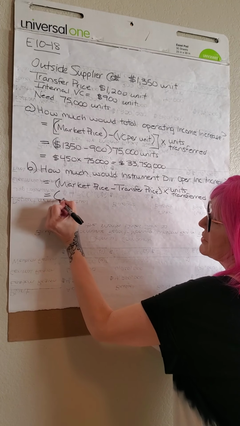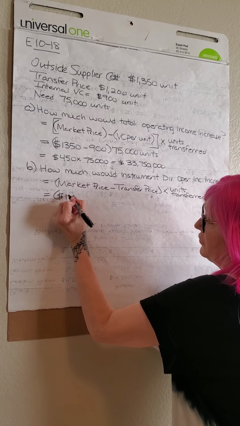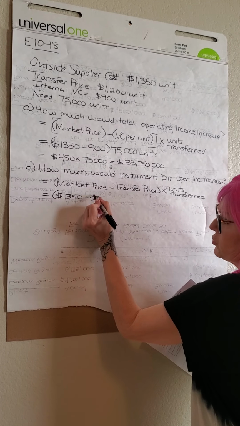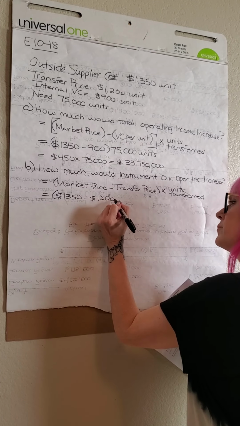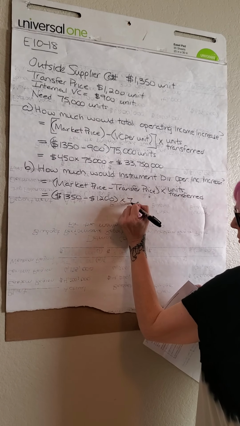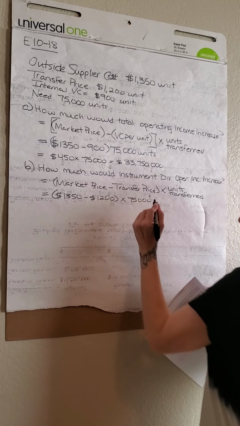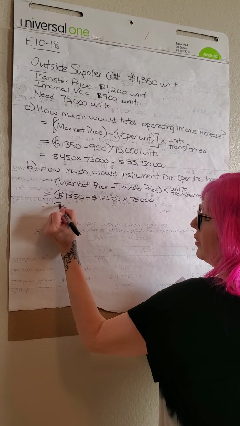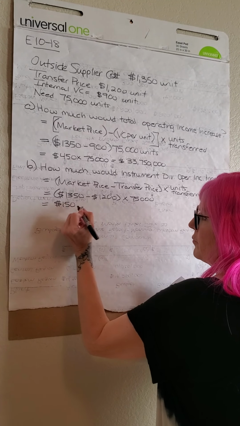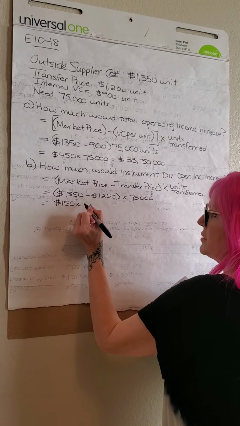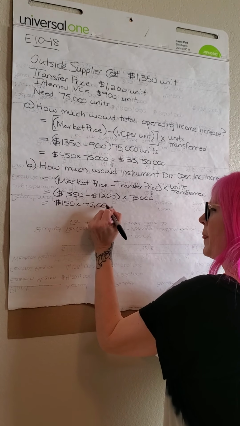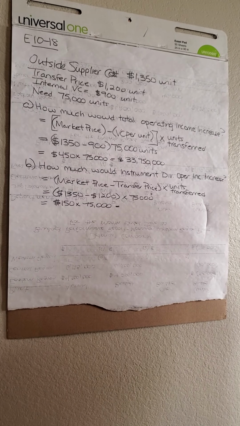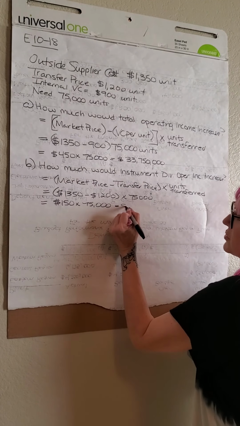So we still have the same market price of $1,350. We've got a transfer price of $1,200. We're going to multiply that by 75,000 units. So we're going to have 150 times 75,000, and this is going to give us a total increase of $11,250,000.